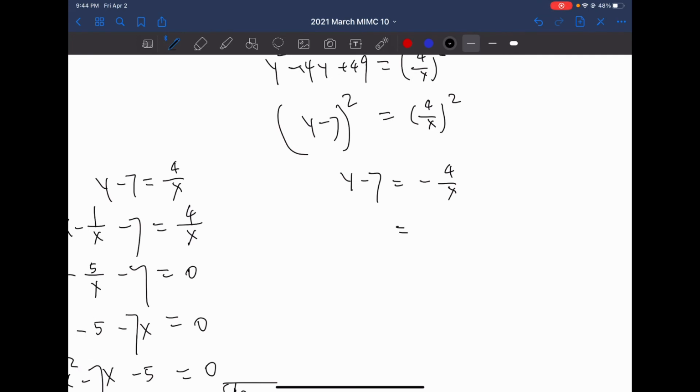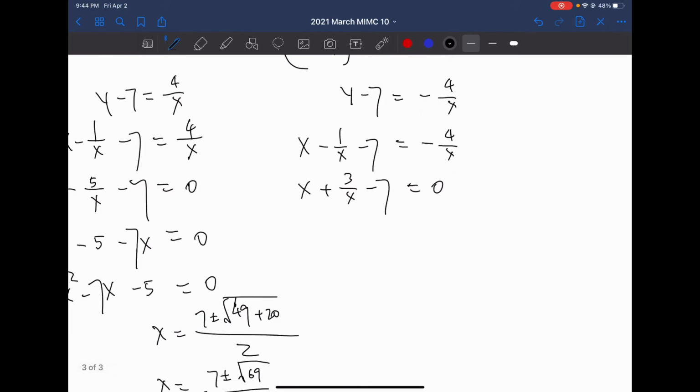The other solution can be x minus 1 over x minus 7 is equal to negative 4 over x. And that would convert to x plus 3 over x minus 7 is 0. And multiply by x on both sides, since x is not 0, we get that equation, x squared minus 7x plus 3 is equal to 0.